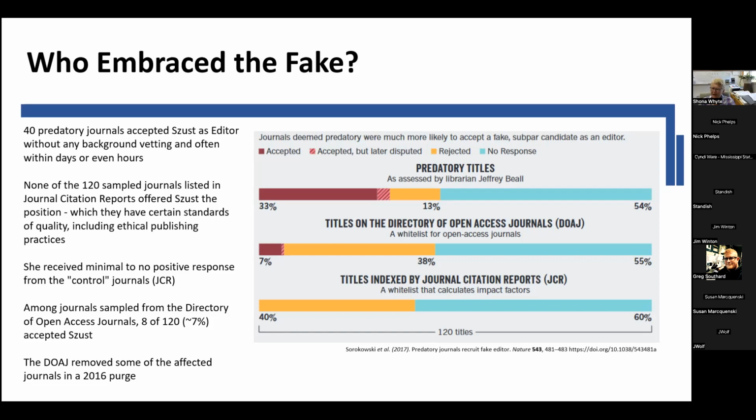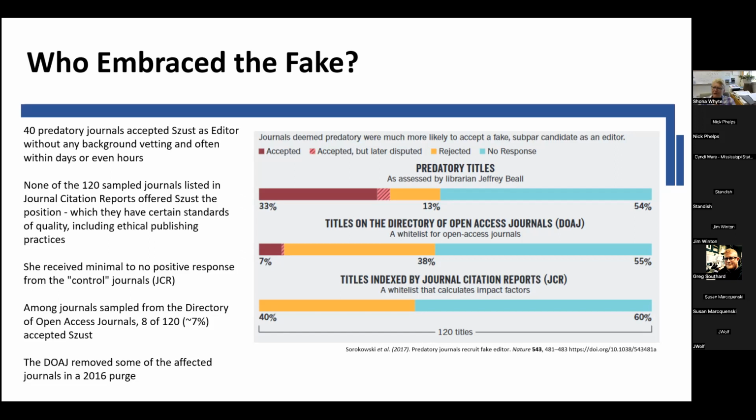So 60% of the journals provided no response, which to me is a little bit concerning, that they didn't write back and say, this is ridiculous, it's totally fake, and don't send us stuff like this again.